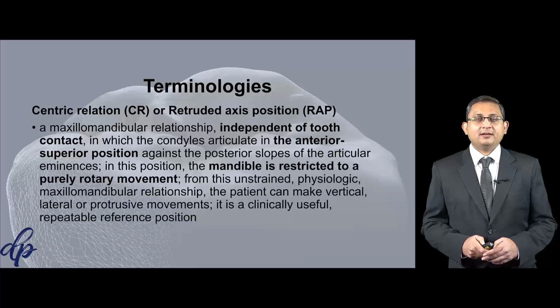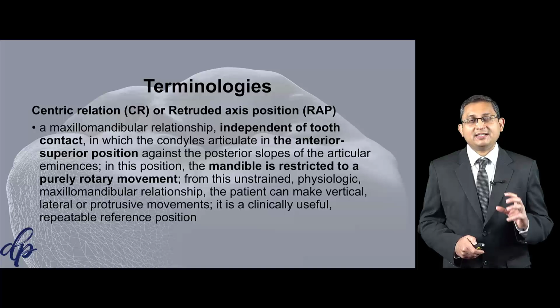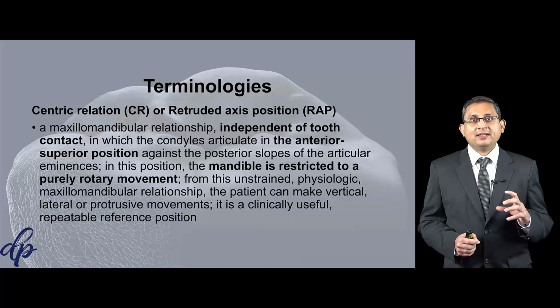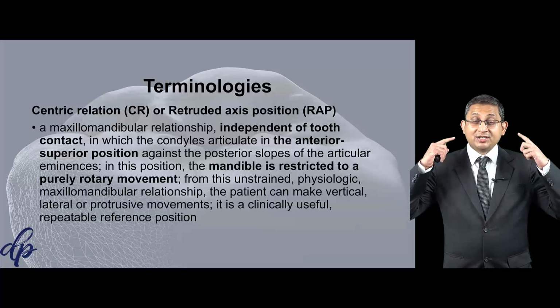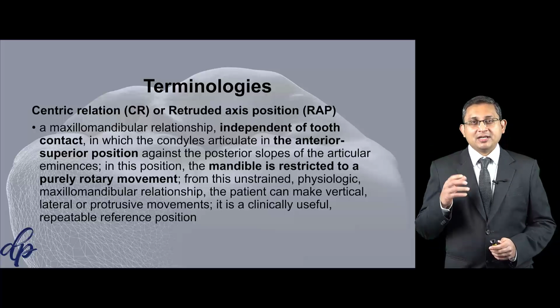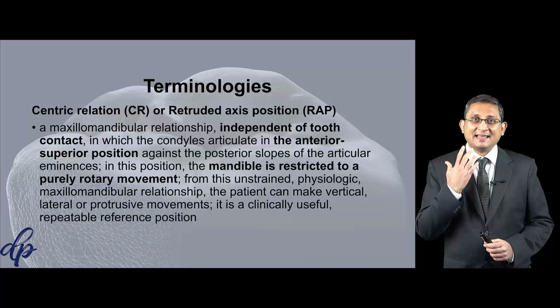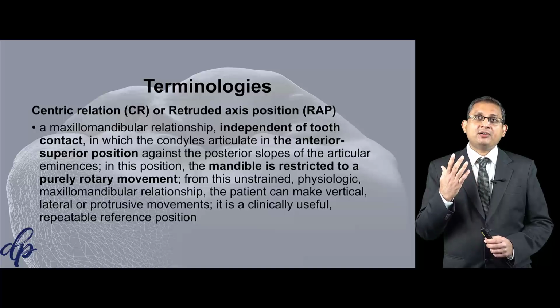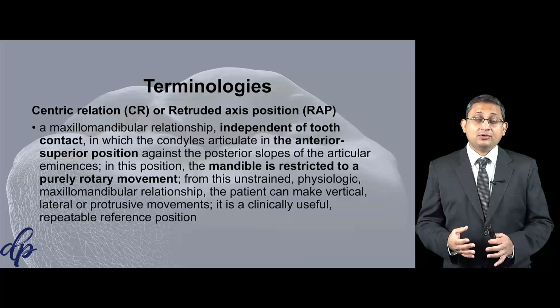The other thing the definition says is that it's a purely rotating movement, and we know that when the mandible is in rotation, it works on the hinge axis, and rotatory movement is a very predictable movement. When the patient's mandible starts translating, that's when you start having other issues, with the TMJ capsules and all that coming into play.